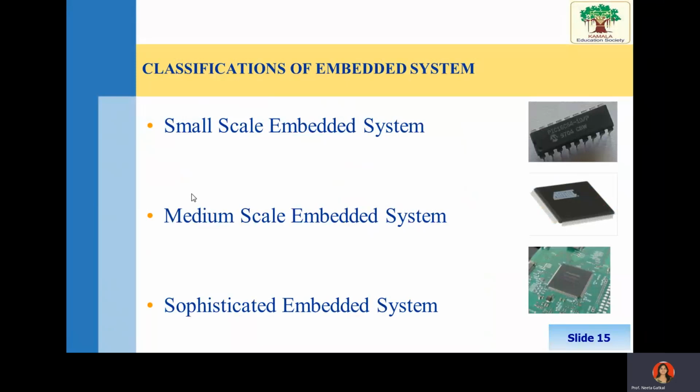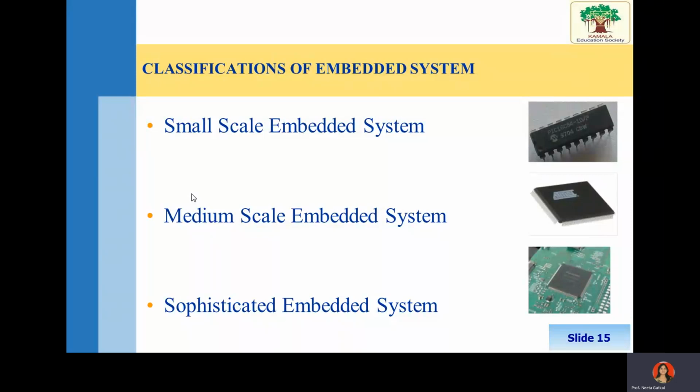If you look at the diagram, for the small scale, what is the structure, which type of controller, and how many pins of the microcontroller are there. Then the medium scale, and the semi-sophisticated embedded system. So we'll see the types of embedded systems one by one.